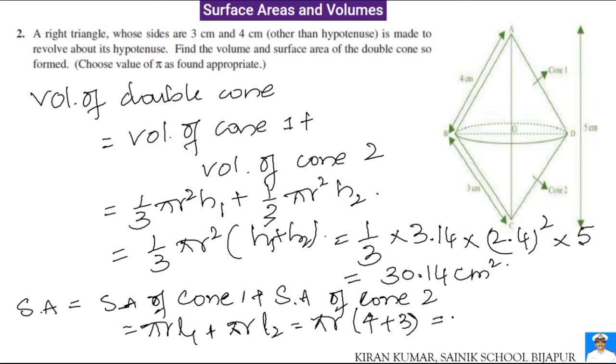This will be equal to 3.14 into 2.4, the radius, into 7, the sum of the slant heights. So the approximate value we get is 52.75 centimeter square. So we have found the surface area and volume of the double cone.